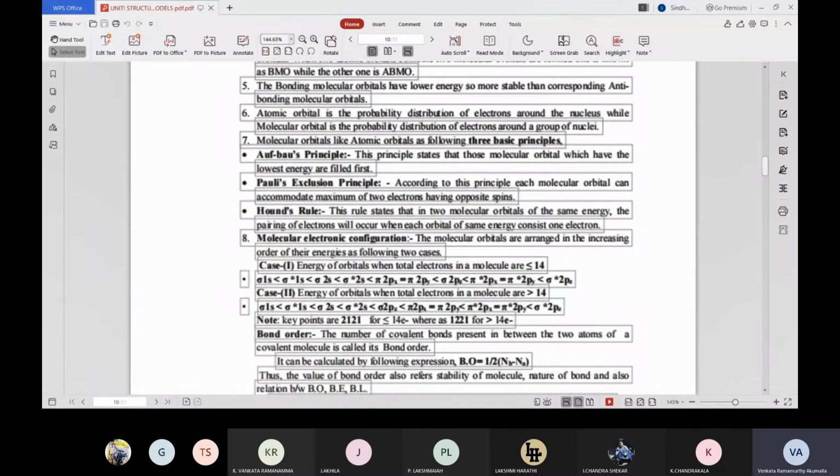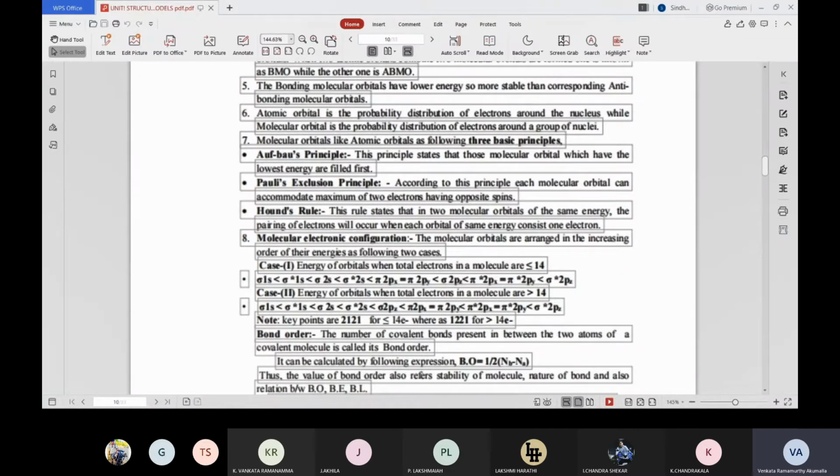That is how to write the electron configuration: sigma 1s less than sigma star 1s less than sigma 2s less than sigma star 2s less than sigma 2pz less than pi 2px equal to pi 2py less than pi star 2px equal to pi star 2py less than sigma star 2pz. That is the second case.